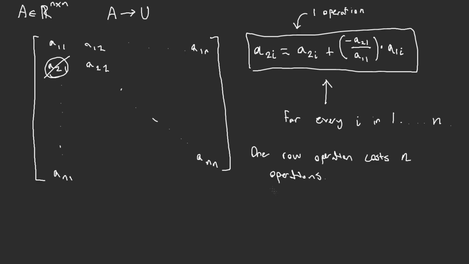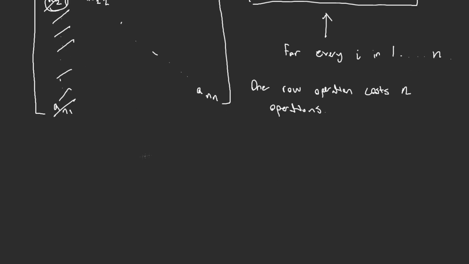And then the question is, how many entries do I need to eliminate? Well, I need to do every single thing beneath this entry right here. And so that's n minus 1 row operations that I need to do. So the total number of operations to eliminate the first column, or the entries below the diagonal in the first column, costs n times n minus 1 operations.